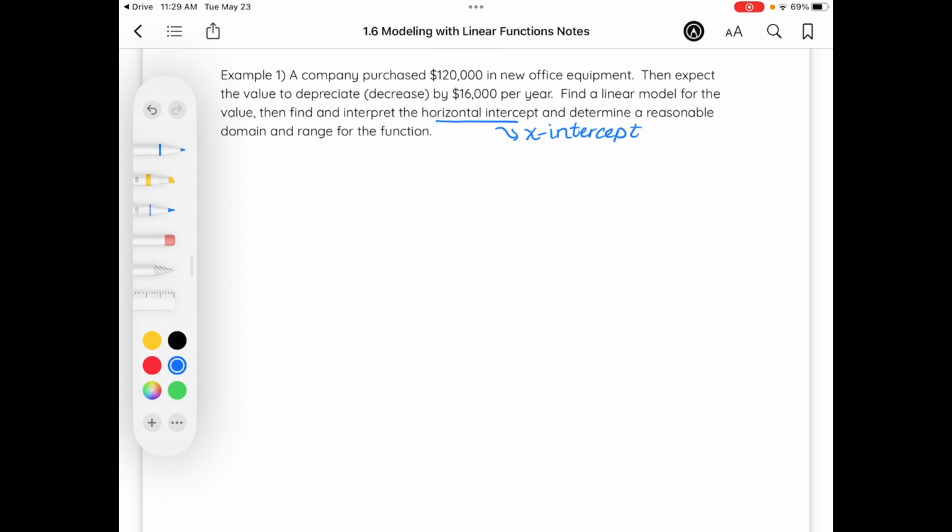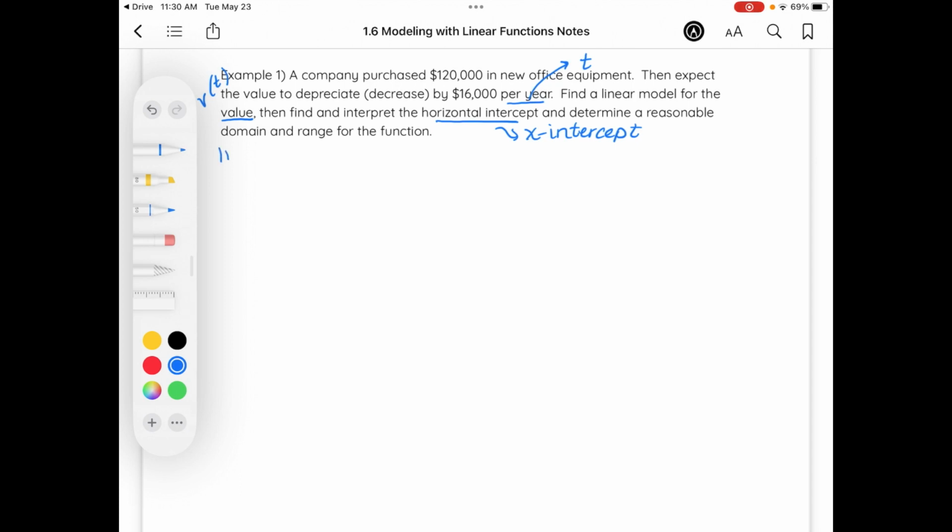So what's changing is every year we are decreasing. So I'm going to let the year represent the variable time. And then therefore the value is dependent upon what the time is. So I'm going to let value be dependent upon time.